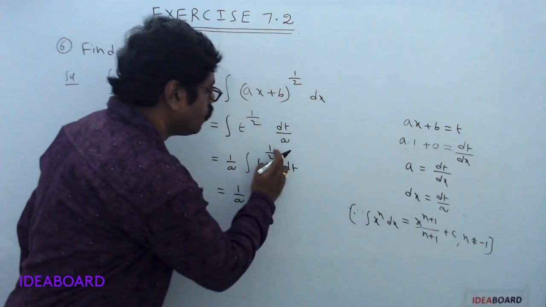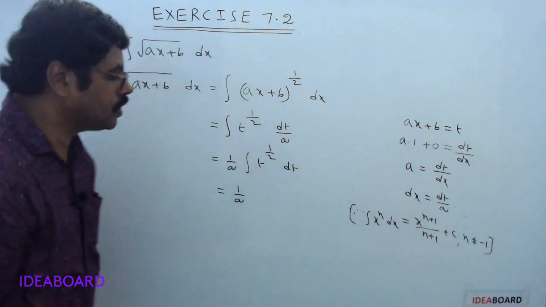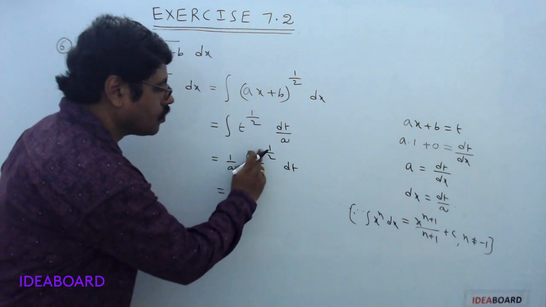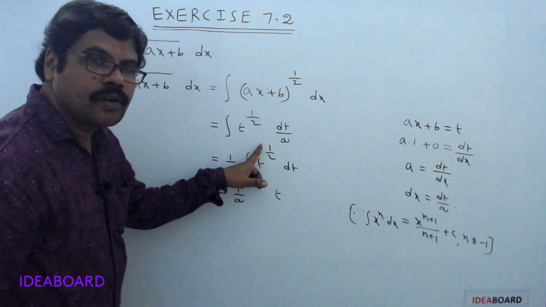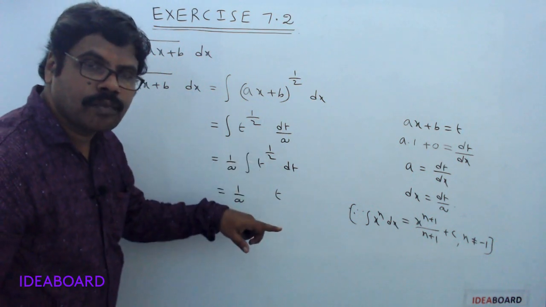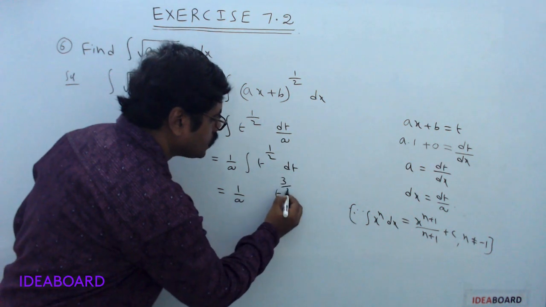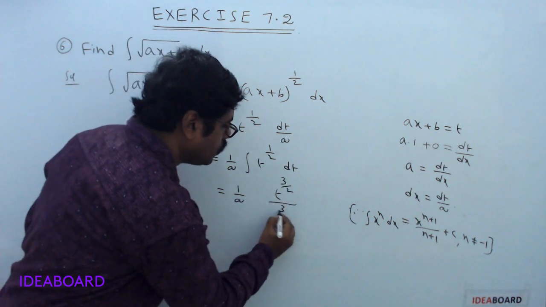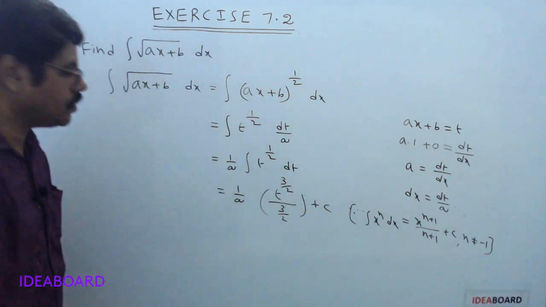Here n value is 1 by 2, instead of variable x, t will be given. So integral t power 1 by 2 dt is t power 1 by 2 plus 1 divided by 1 by 2 plus 1. So 1 by 2 plus 1 is nothing but 3 by 2, divided by 3 by 2, plus a constant c.